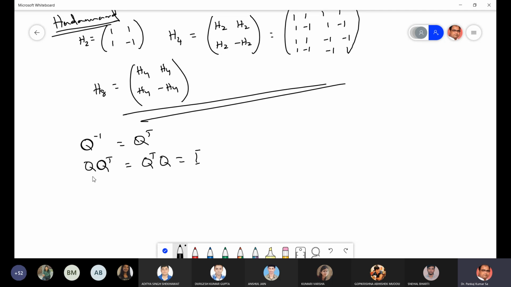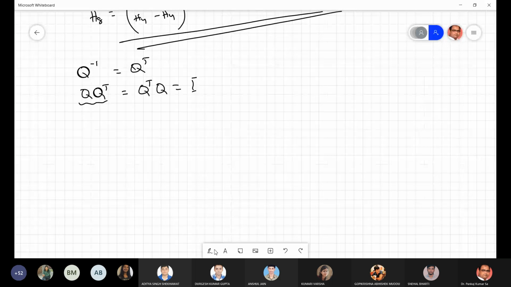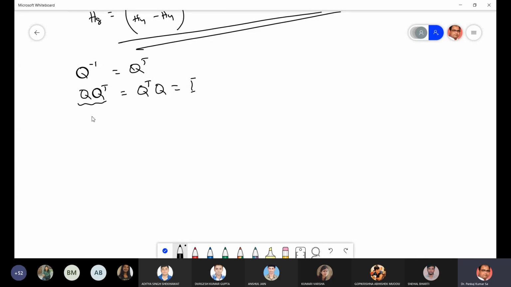So what is the meaning of this, by the way? What do you infer from here? This is one of the most commonly used matrix multiplications that you will be seeing again and again. But what is the meaning of this?